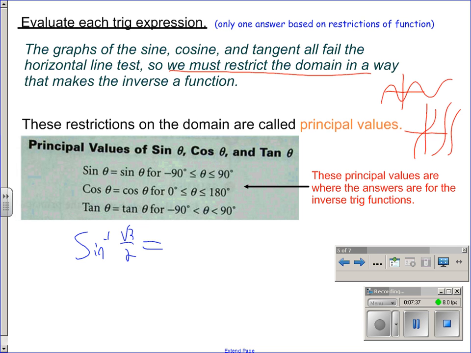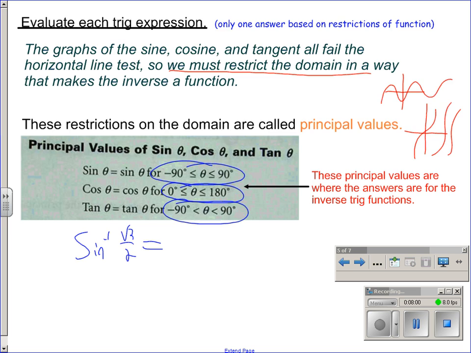Because it's the inverse sine, here are our restrictions. Okay, if it was the inverse cosine, these are our restrictions. For the tangent, these are our restrictions. Those are the only places you're going to get your answer from. Depending on the trig function you deal with, that's where your answers are coming from. Or answer, because there's only one.